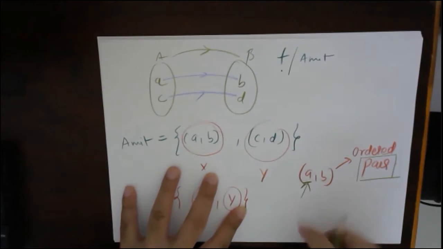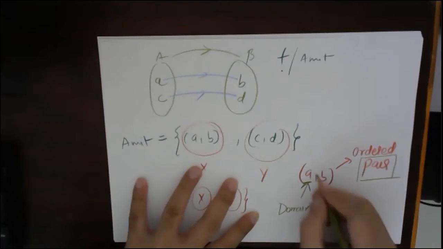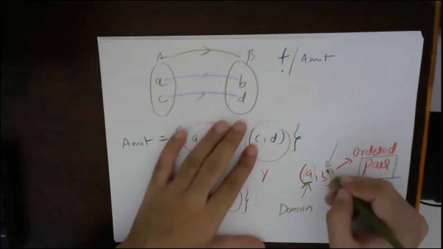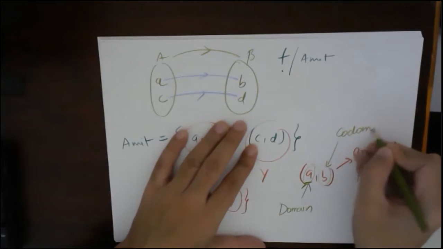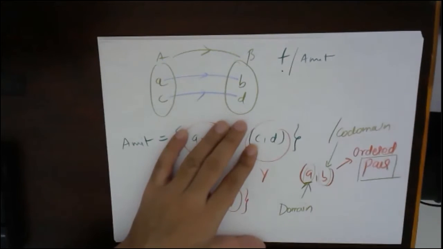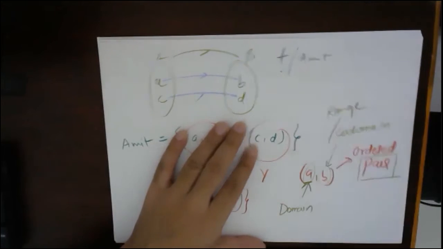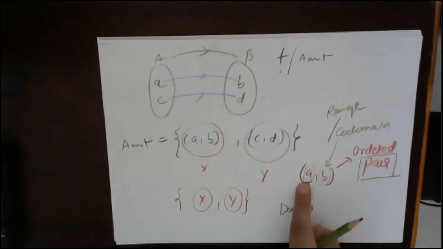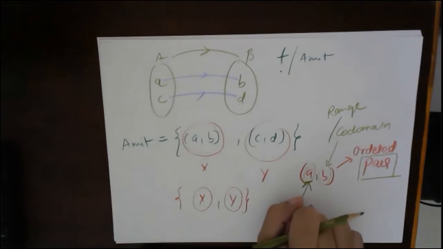This first part will always be coming from the domain, and this second part will always be coming from the codomain, or to be specific, from the range. Okay, and this whole thing is known as an ordered pair.